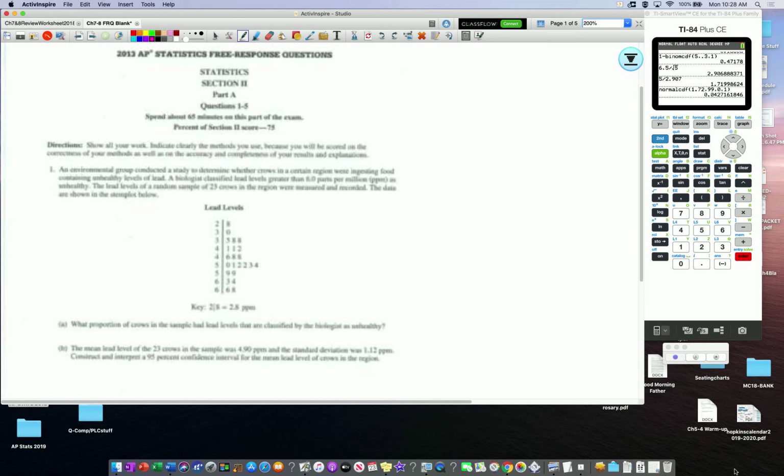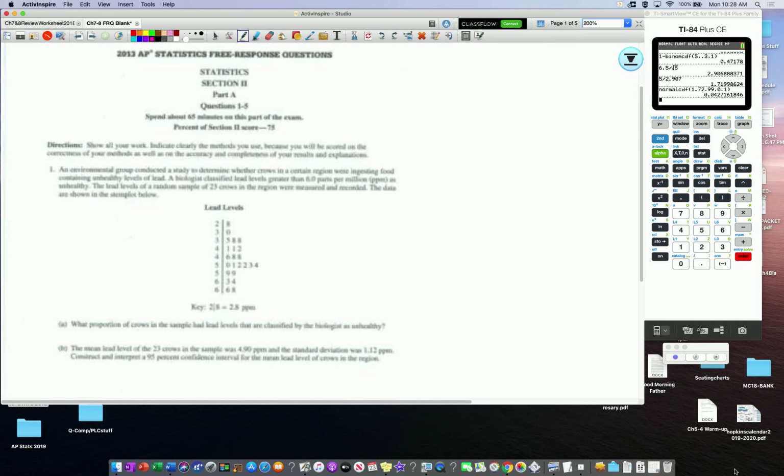So question 1 here says, an environmental group conducted a study to determine whether crows in a certain region were ingesting food containing unhealthy levels of lead. A biologist classified lead levels greater than 0.6 parts per million as unhealthy.